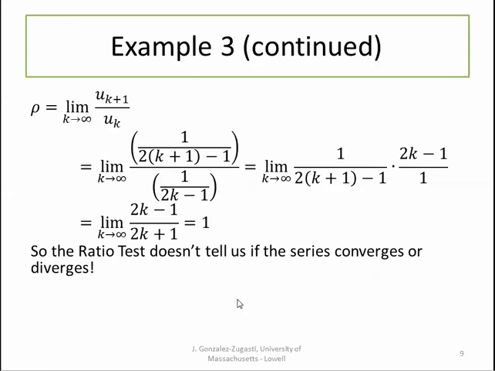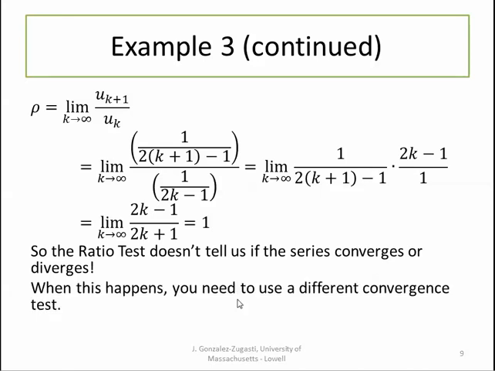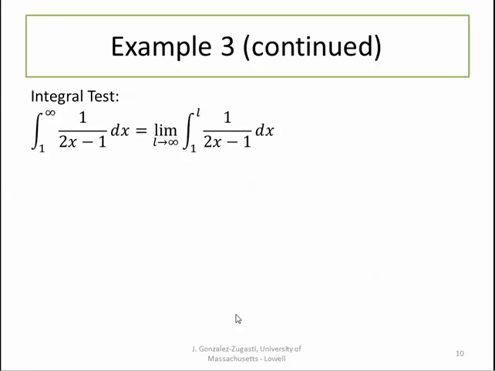Well, you don't just stop and give up. You say, I know a lot of other tests to figure out if a series converges or diverges, so I'm going to use one of those other tests. In this case, what we can use is the integral test. If we look at the integral from 1 to infinity of 1 over 2x minus 1, that's an improper integral.